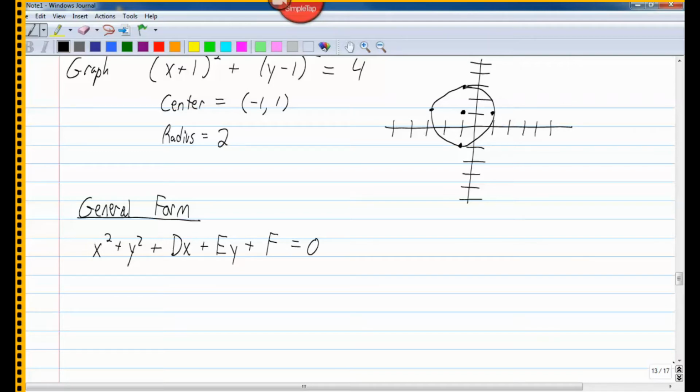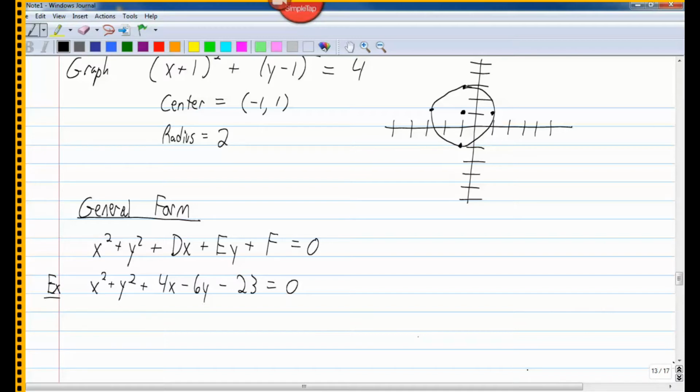So, for example, let's say that I had x squared plus y squared plus 4x minus 6y minus 23 equals 0.